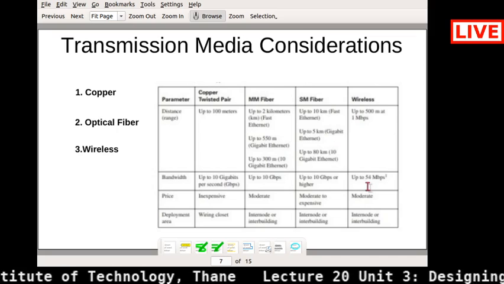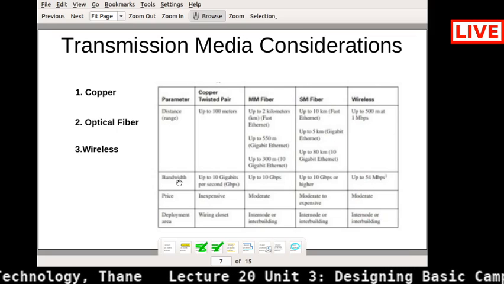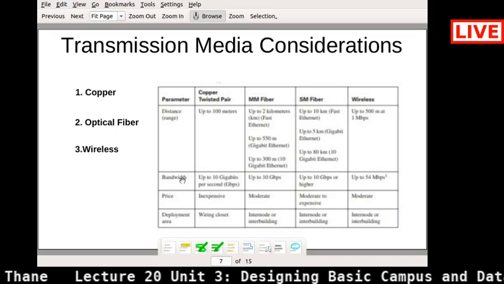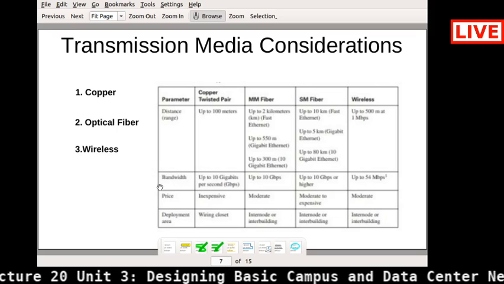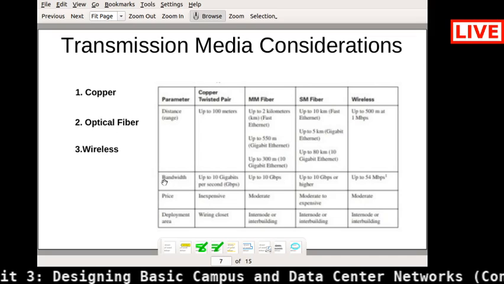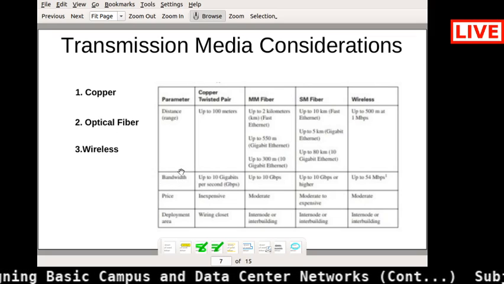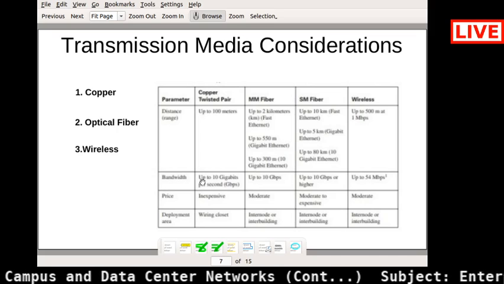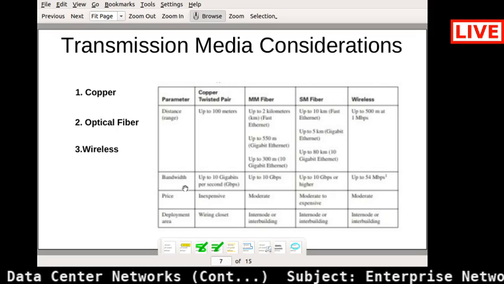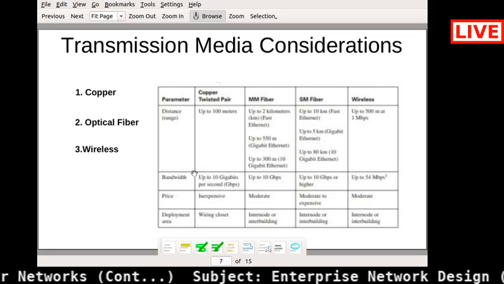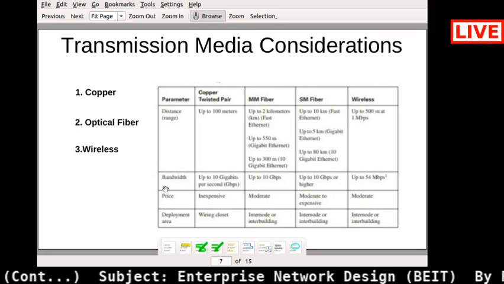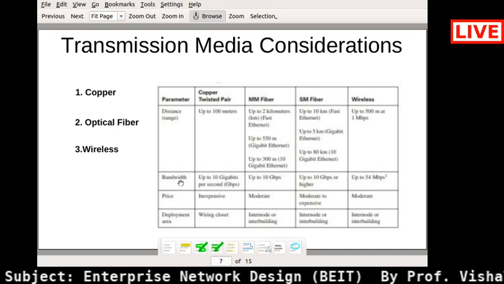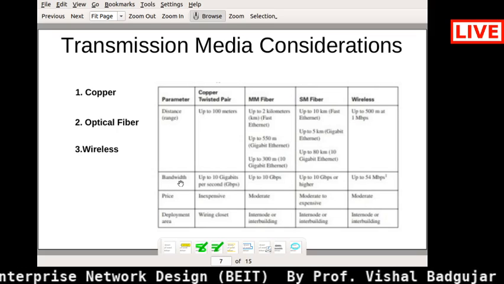Then the second parameter is the bandwidth of that particular segment, or the connection speed between all the nodes, whether inside nodes or outside nodes of the building. Depending upon the connection speed, you can decide which cable you are going to use.